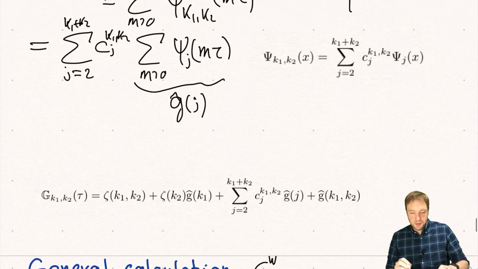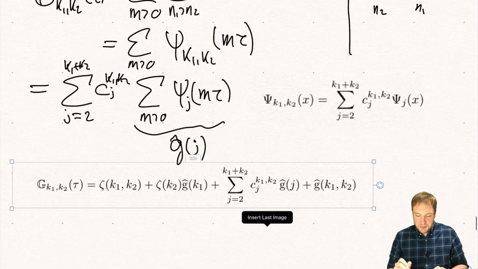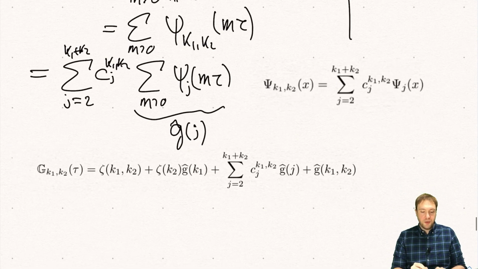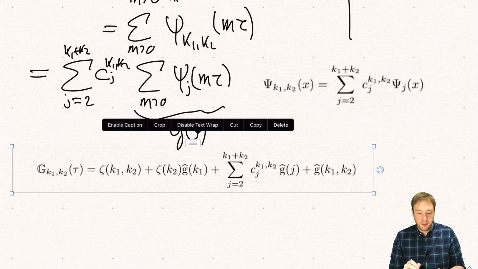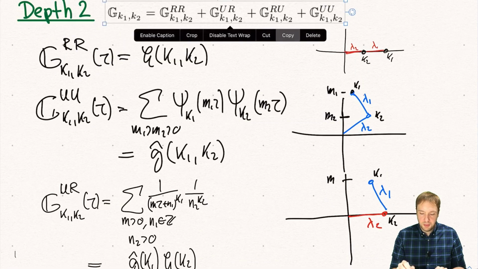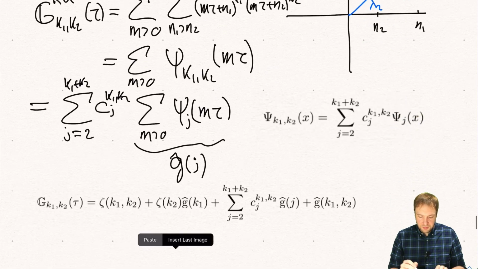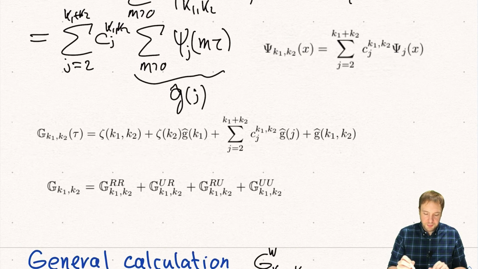Okay, so in total we have this thing here. The Fourier expansion of the double Eisenstein series has the double zeta value zeta k1, k2. So this comes from the RR. Maybe I can get it down here. So here, this gives this.